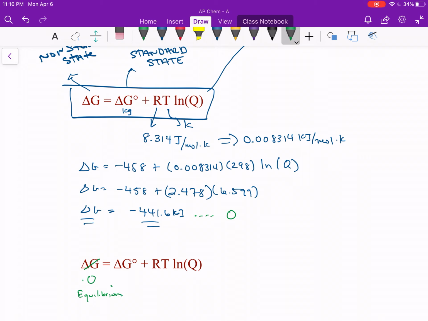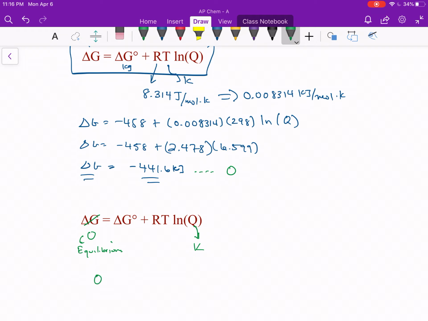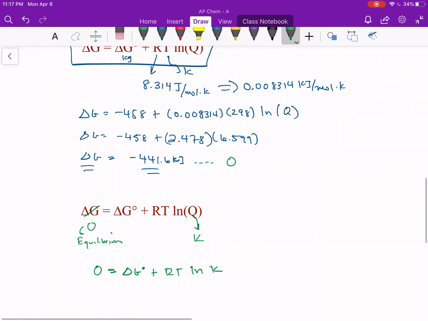And once we hit equilibrium, Q is equal to K. So what we would have here is 0 equals delta G naught plus RT natural log of K, which means delta G naught equals negative RT natural log of K.